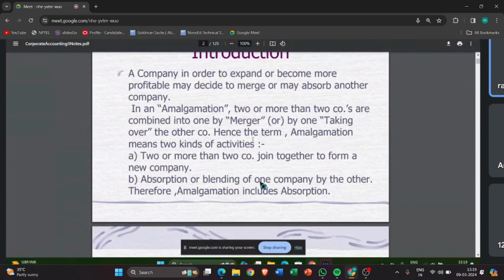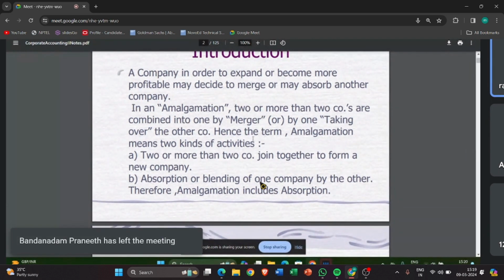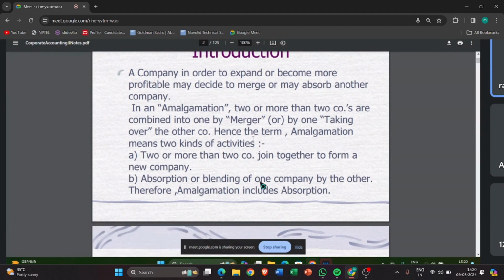So the old companies are two, but the new company is only one, wherein this company completely takes over the other one, and in future you will have only the company which has taken over.